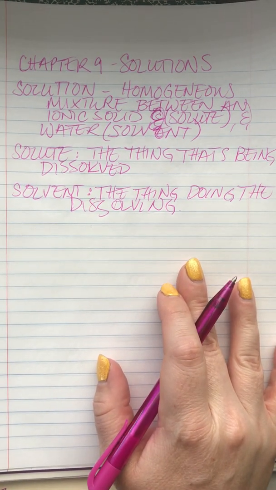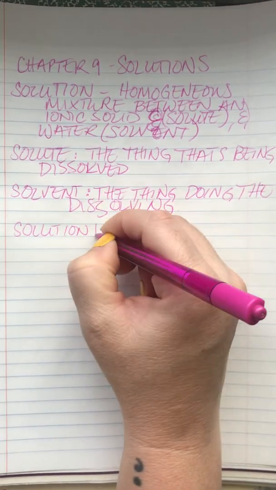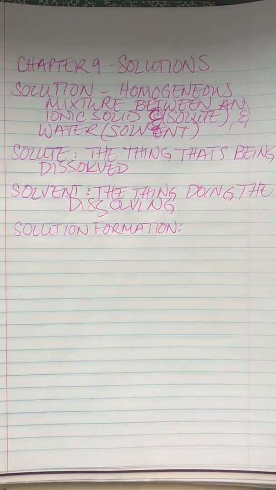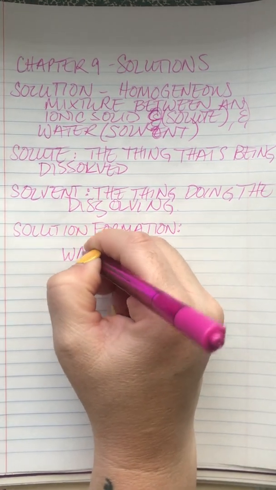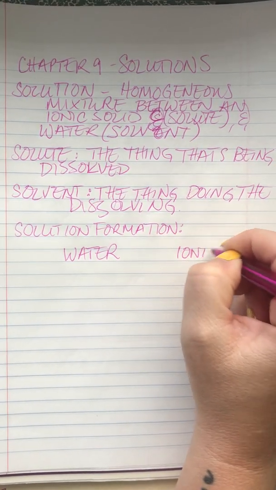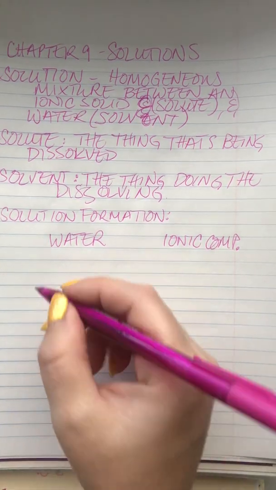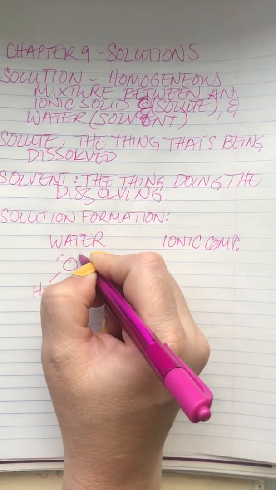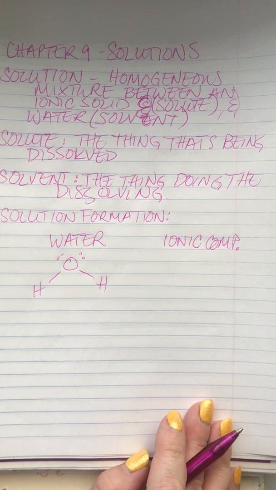We're cool. All right, so we want to talk about solution formation. How are solutions formed? Specifically when we're talking about water and an ionic compound, we have water, which has what kind of intermolecular forces between water molecules?